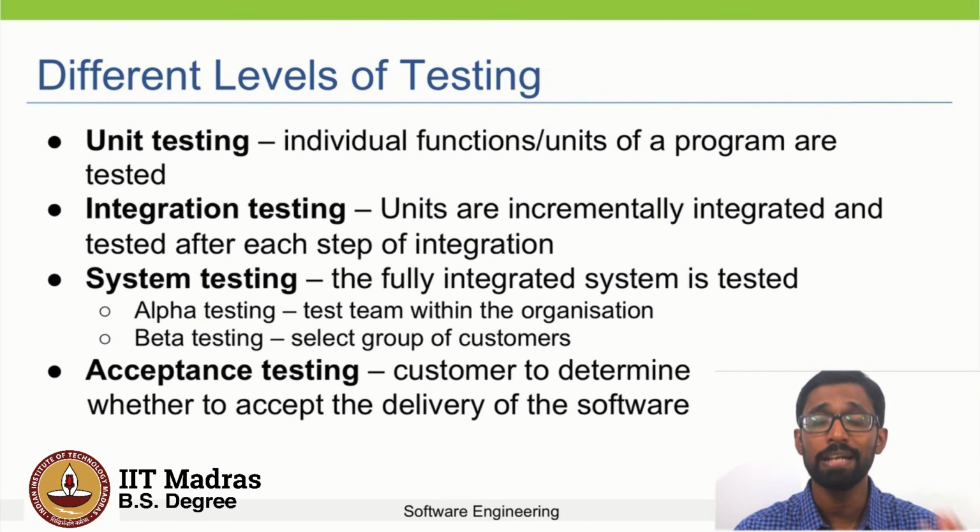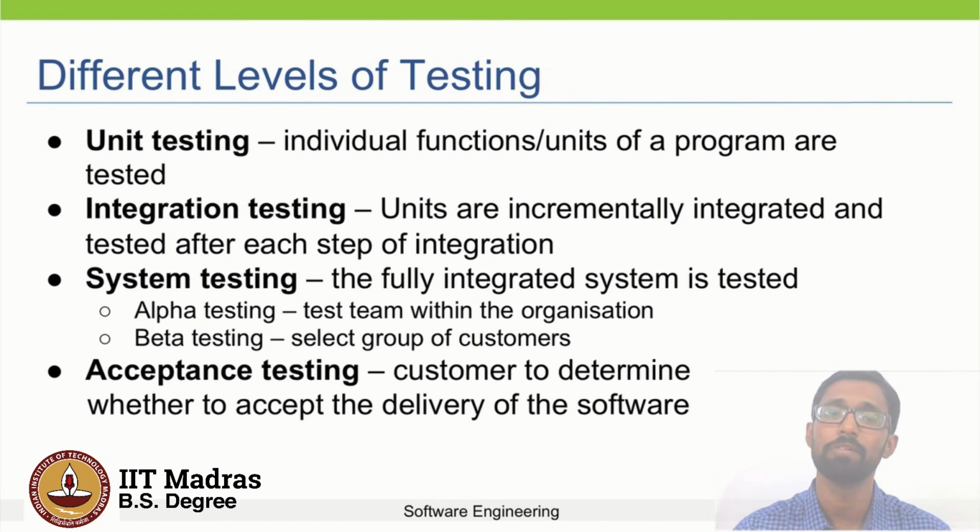And they determine whether to accept the delivery of the software or not. And apart from these, there are other types of testing like performance testing, which is used to meet the non-functional requirements of the system. So we will look at these different levels of testing also this week.